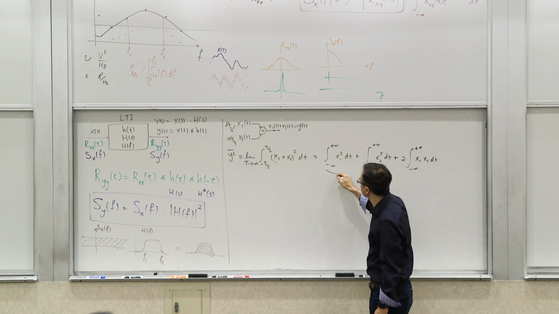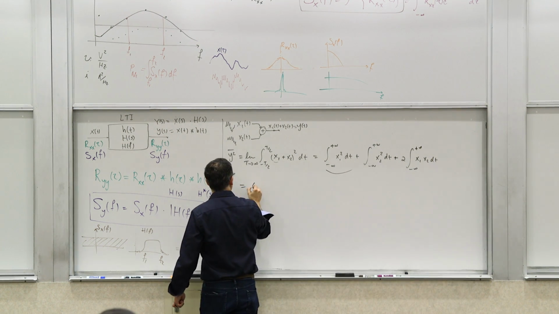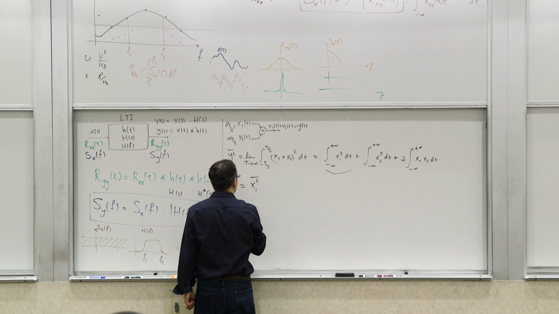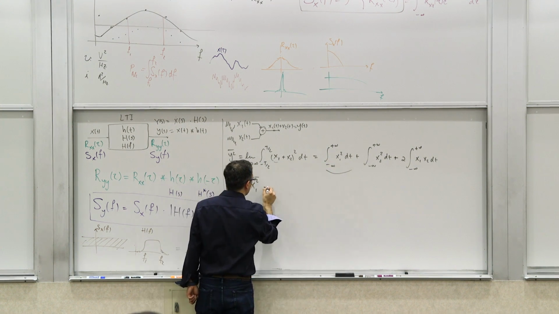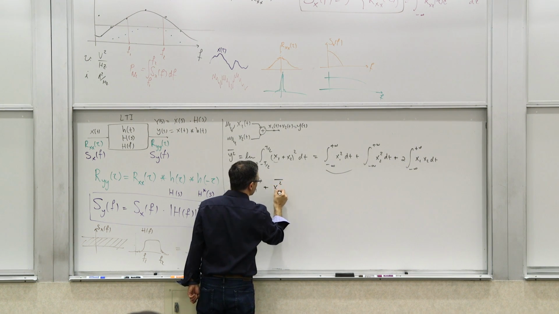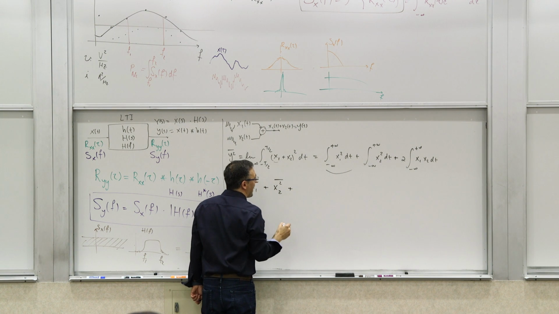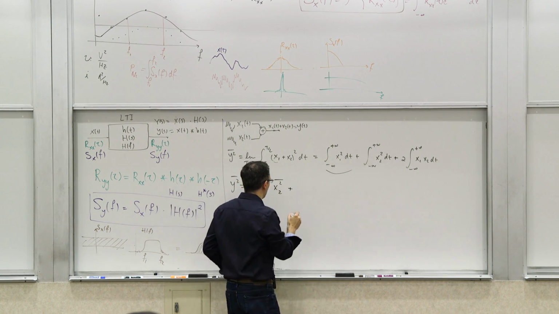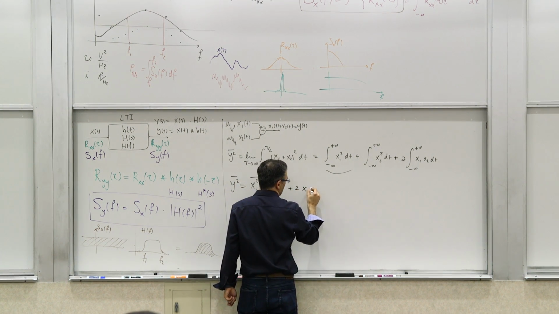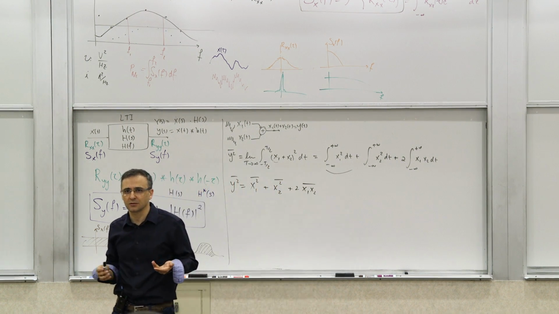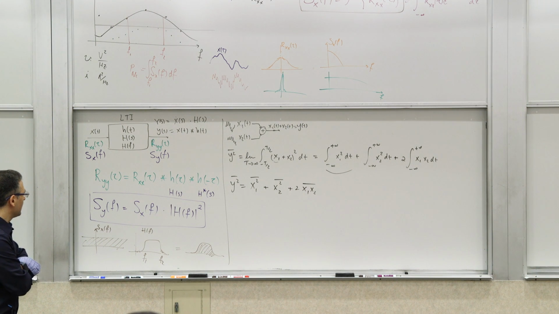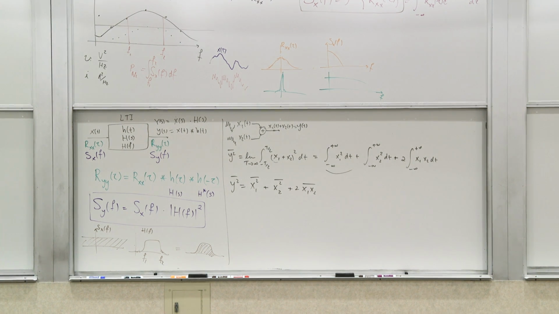So what is this first one? This is really the power of x1. And this second one is the power of x2 by itself. And the third term, which we show logically this way, this is shorthand notation for that integral essentially, is some sort of a cross correlation or cross power.